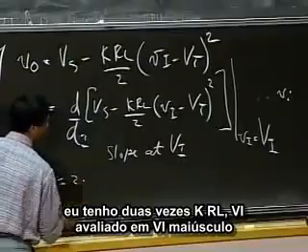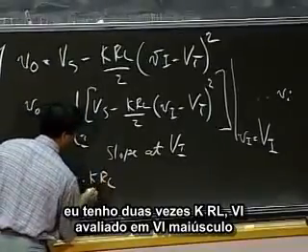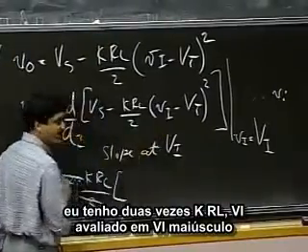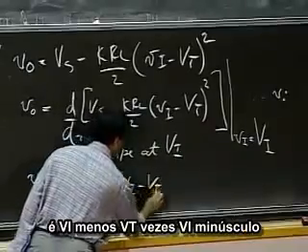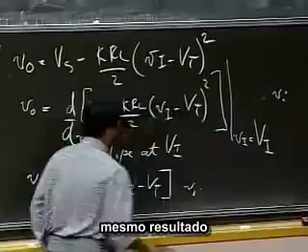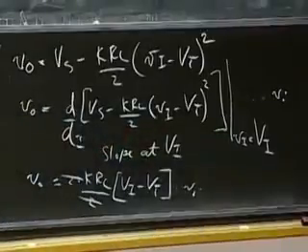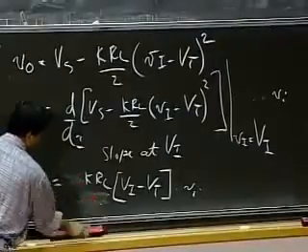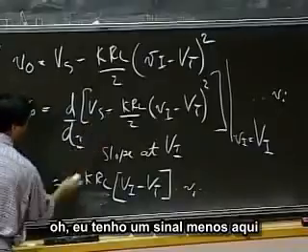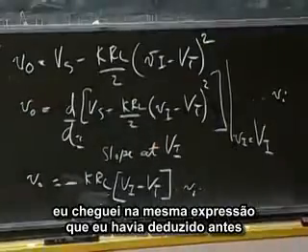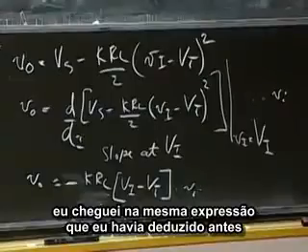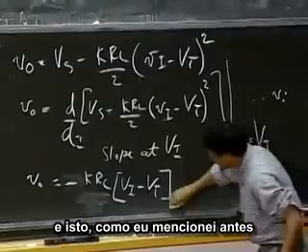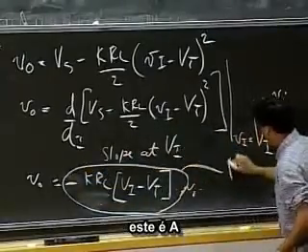So I get twice K RL, Vi minus Vt, times small vi. Oh, I have a minus sign here. Okay, I get the same expression that I derived for you earlier, and this is just taking the slope and going with it. And this, as I mentioned before, this is A.